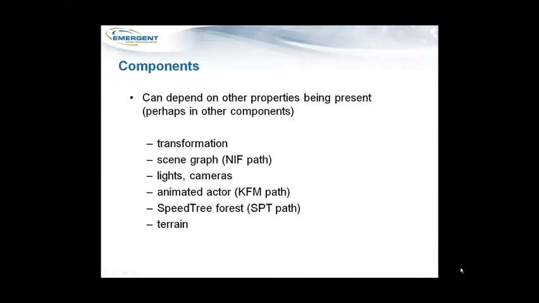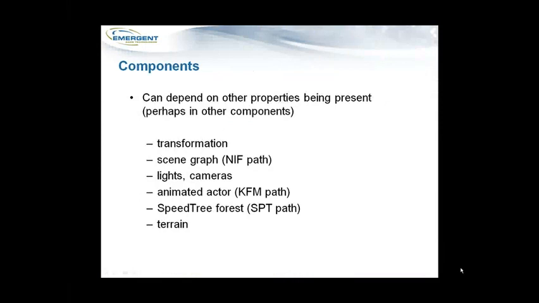An entity is a flat collection of components. There's no hierarchy internal to an entity. Each component is a small bundle of properties. The difference between it and an entity is that components don't exist by themselves. They only exist as part of an entity. Typical components are a transformation, which in Gamebryo means a translation, a rotation, and a scale. A scene graph, where the critical part of the data is the path to a NIF on disk, which can be loaded to instantiate that scene graph.